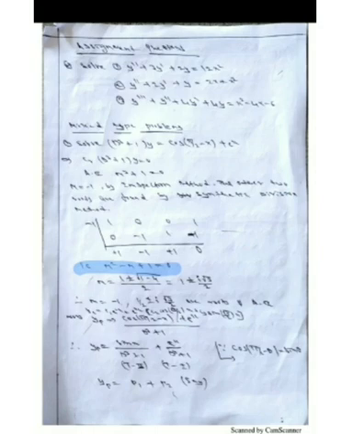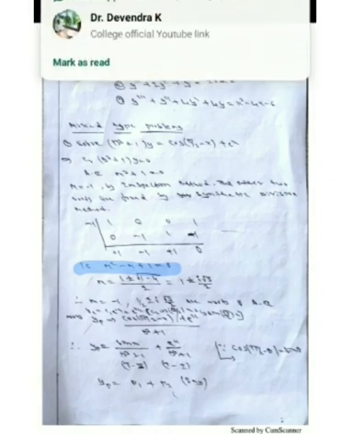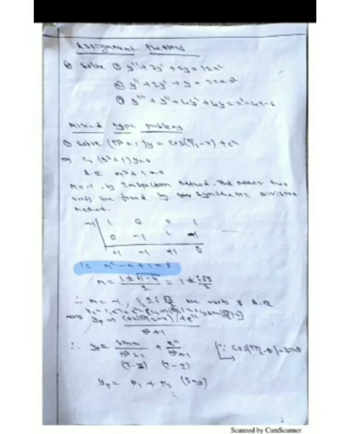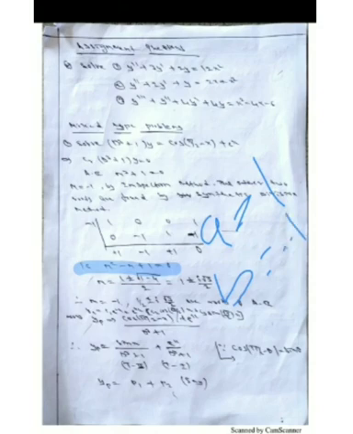If it is not solved by factorization, we use the Sridhar rule, that is, minus b plus or minus square root of b squared minus 4ac divided by 2a. Here a equals 1, the coefficient of m squared, b equals minus 1, the coefficient of m, c equals 1, the constant.